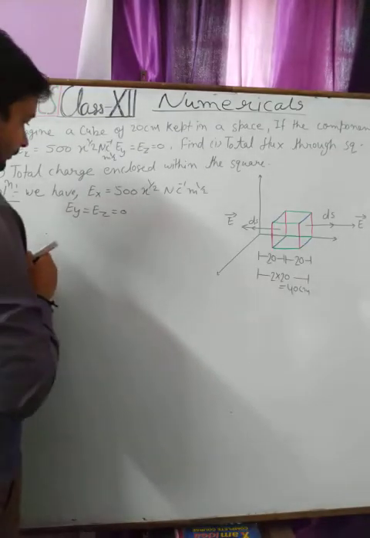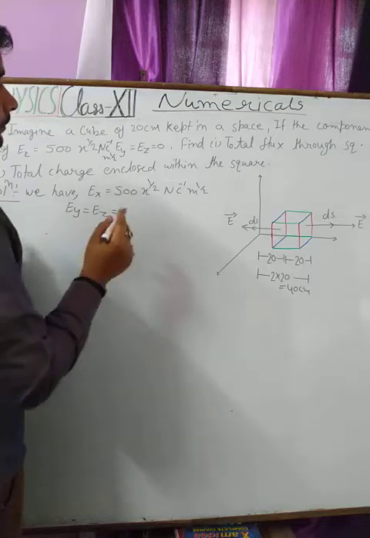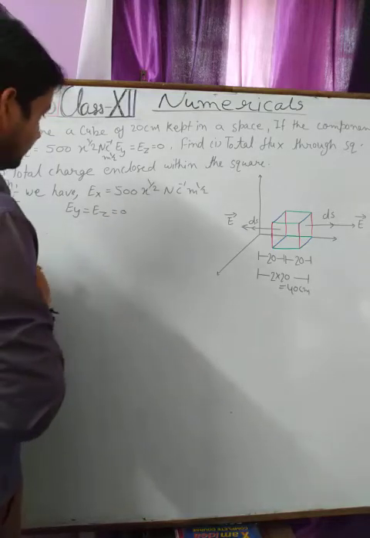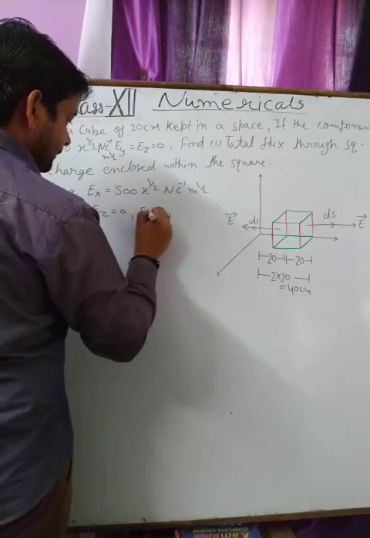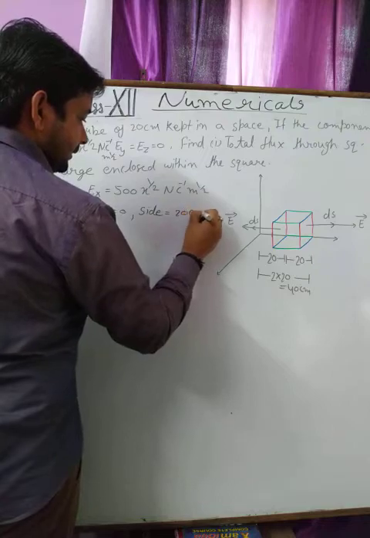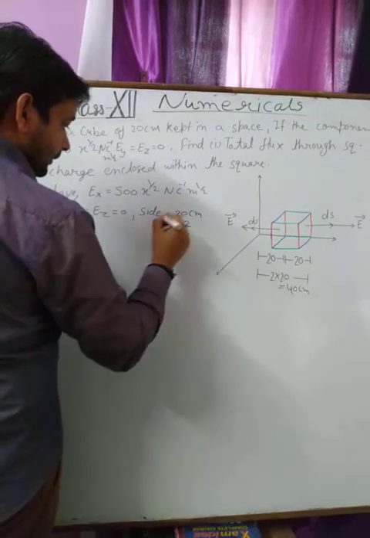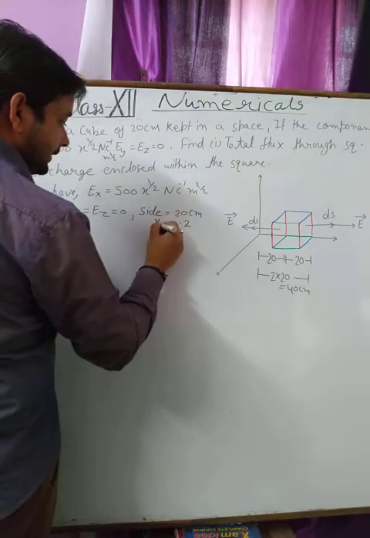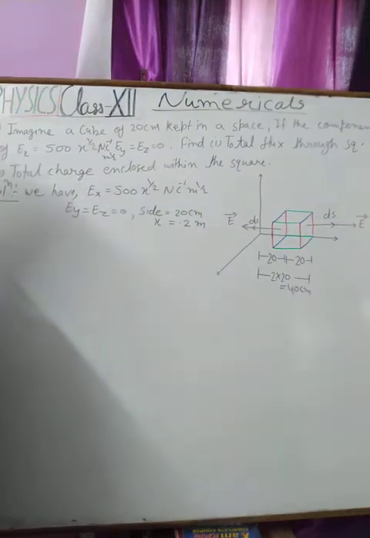And the side of the square is 20 centimeter. We solve this for simplicity: x is equal to 2 meter. It is clear, students?